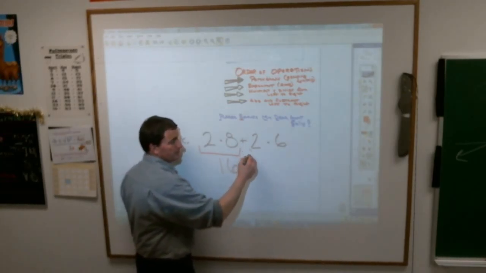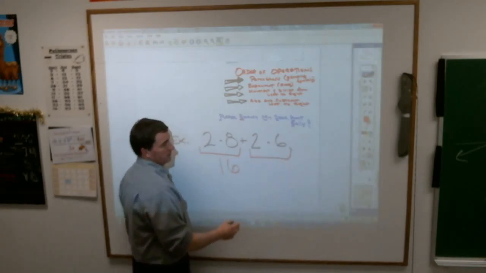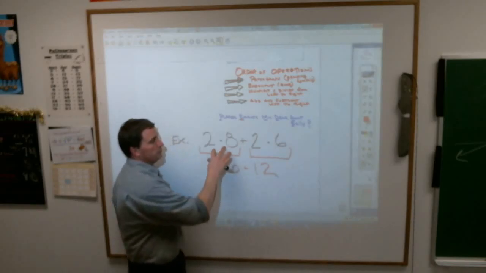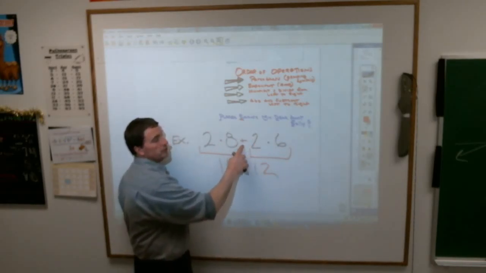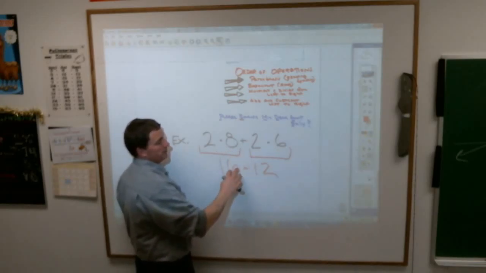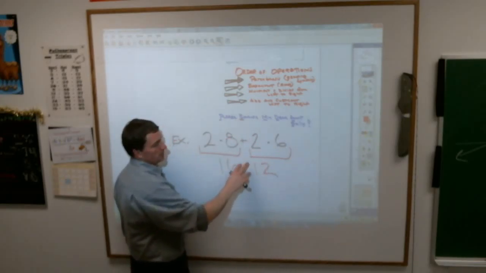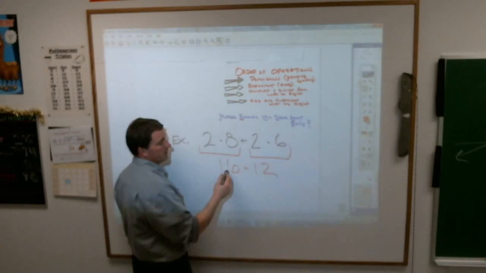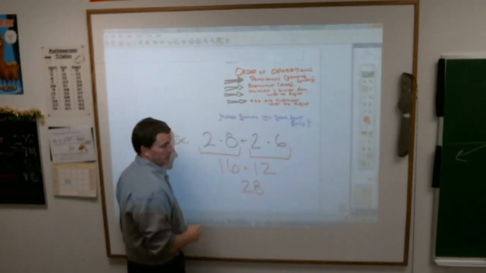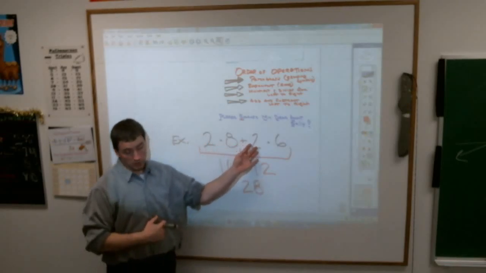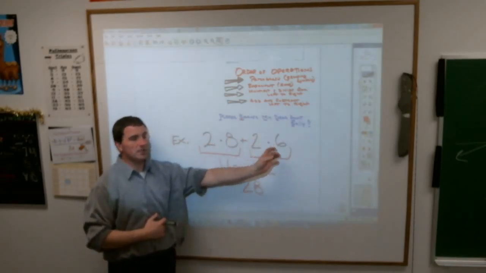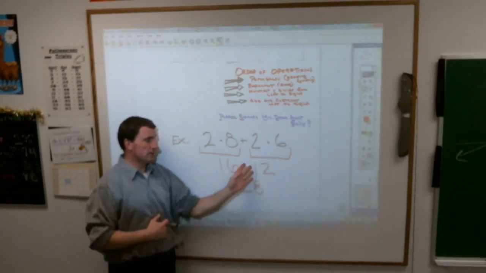Then 2 times 6 is 12. You have to do both of those multiplications before you do anything with the addition sign. So 16 plus 12 is 28. You're not allowed to go 16 plus 2 and then multiply by 6. You have to do this multiplication, that multiplication, then add.